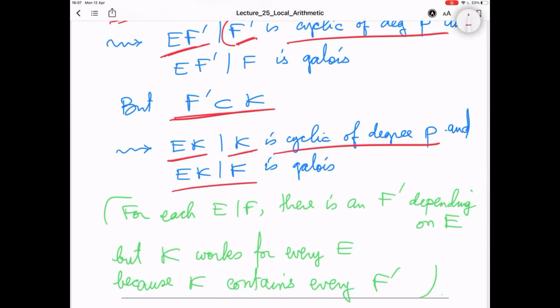Here EK over F, this is not K, this is F.